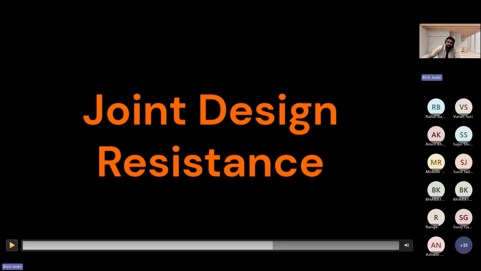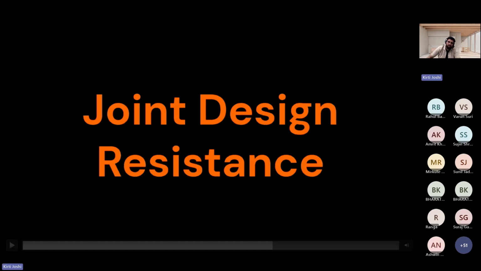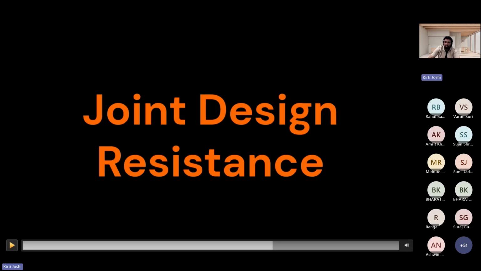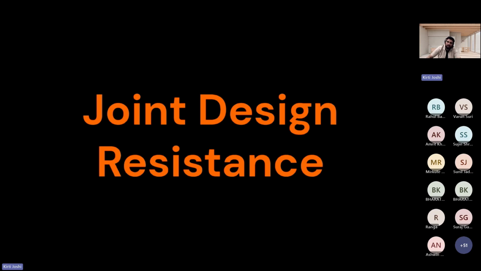For this loading, we see that our model has performed well, but we are also going to carry out the joint design resistance. Basically, it helps to estimate the reserve in the connection resistance, meaning you can get the design capacity of your connection as a percentage of your applied load.